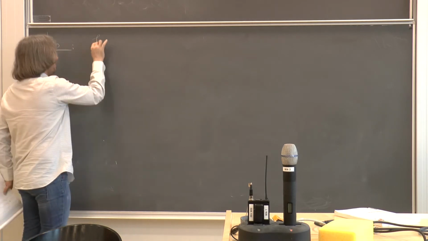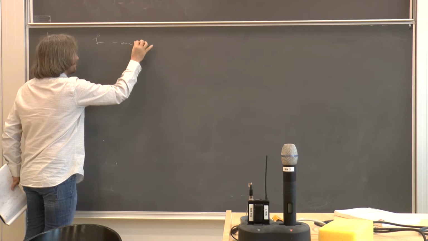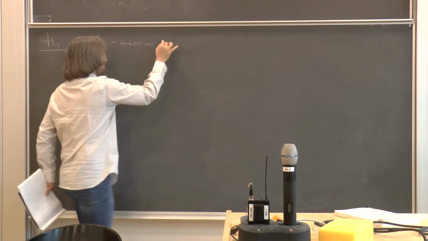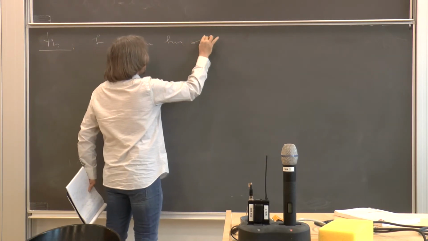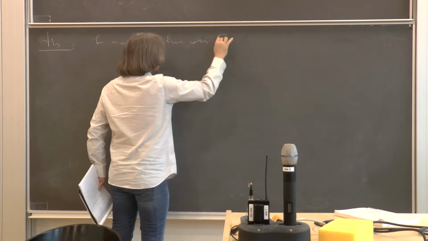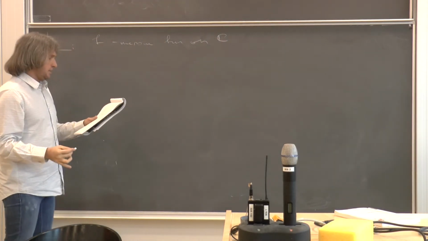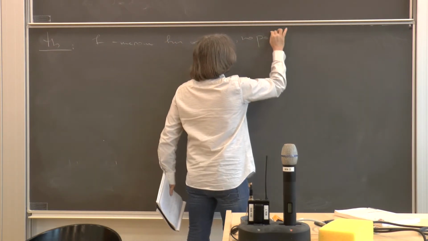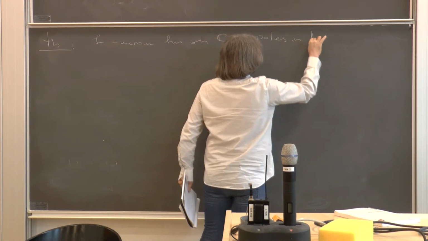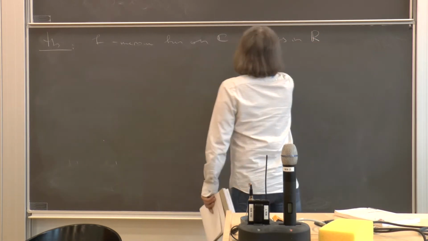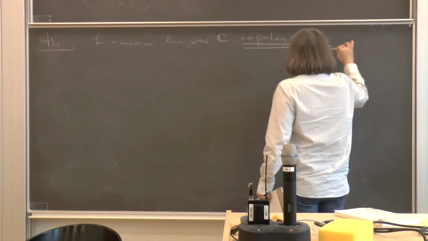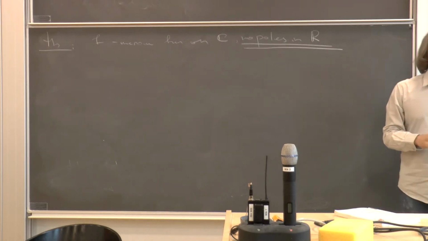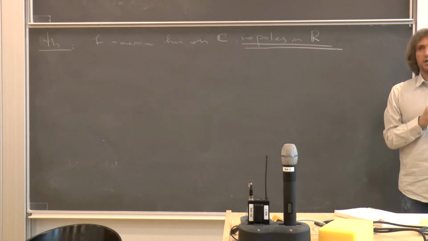Suppose we have f a meromorphic function, so only poles on complex numbers, and no poles in real numbers. So in a way it's important because the next example after this will show what to do when poles are on the real axis.